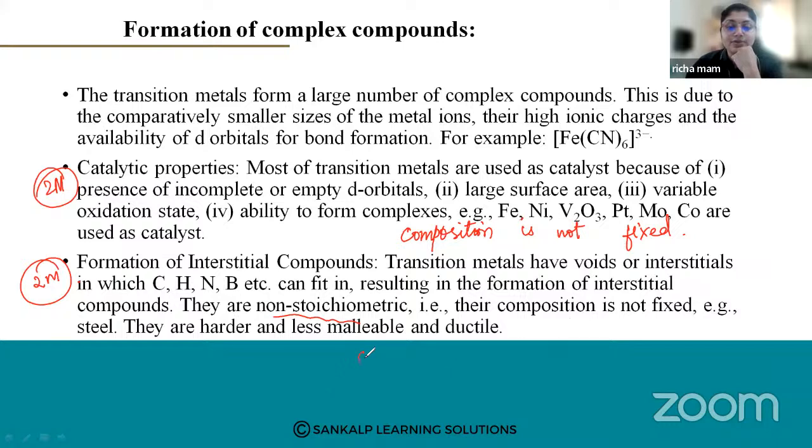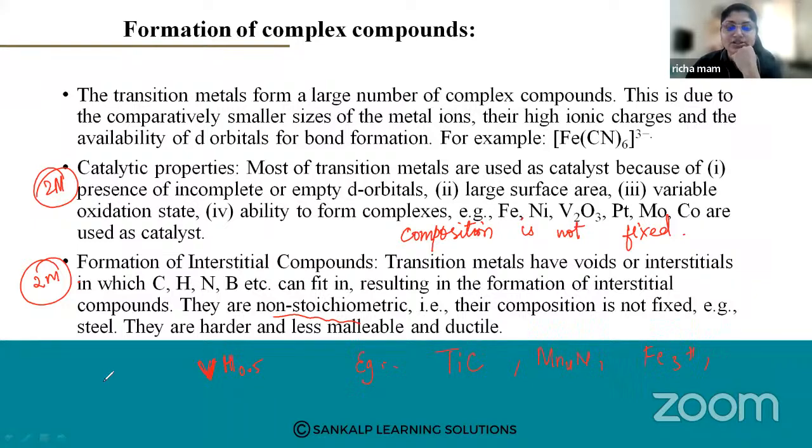Other examples of interstitial compounds are titanium carbide, Mn4N, Fe3H, then VH. Here the crystal lattice is of vanadium and hydrogen is present in 0.5.